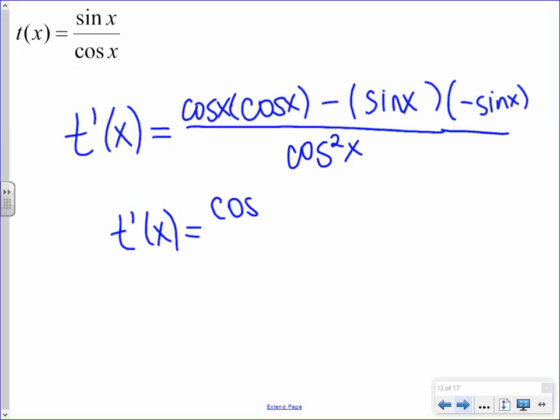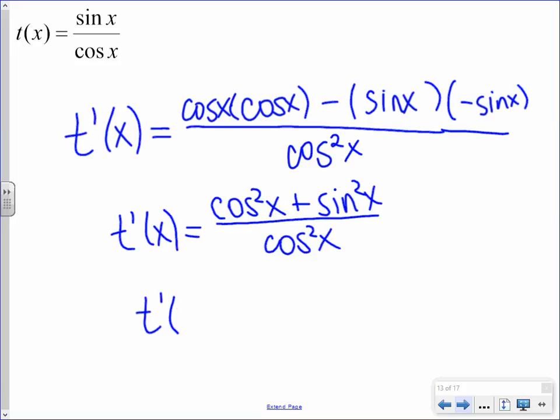We have cosine squared plus sine squared all over cosine squared. What's our numerator, Austin? It's 1.